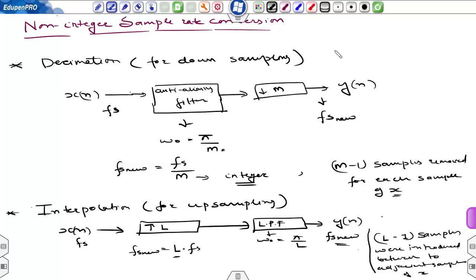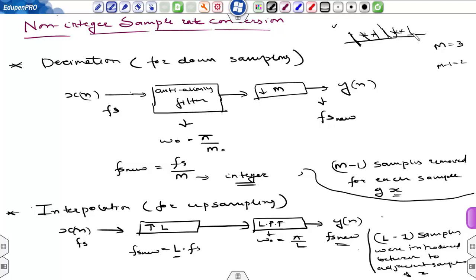Suppose this is x[n] for downsampling, and let's say M is equal to 3. So M minus 1 is 2. This downsampler, if this sample is selected, the next 2 are rejected. This one is selected, next 2 are rejected. This is how the sampling rate was reduced by rejecting samples.